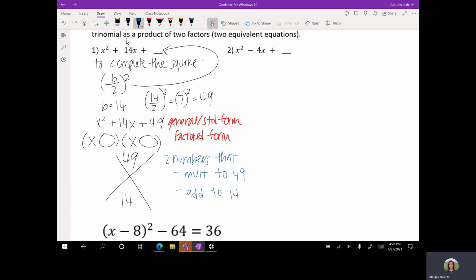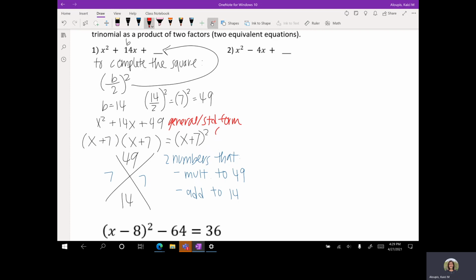The two numbers that multiply to 49 and add to 14 are 7 and 7. So what I do is I'm going to add 7 here and add 7 there. This also looks like a perfect square right here. I'm going to erase this real quick and write, this is the same thing as writing x plus 7 squared.